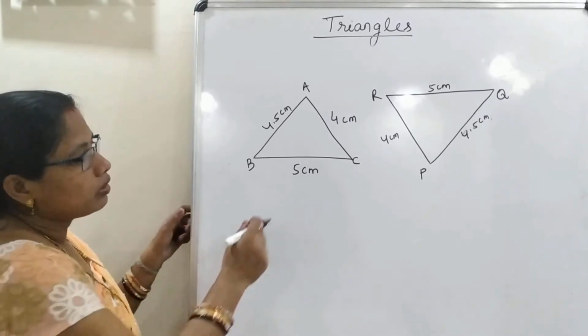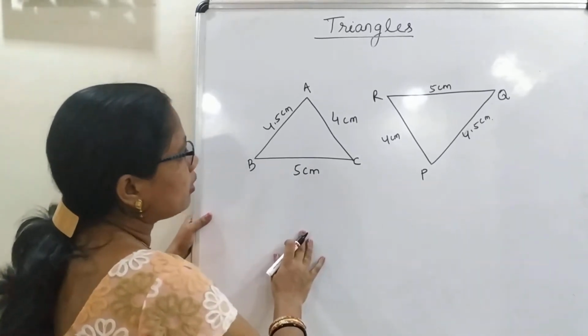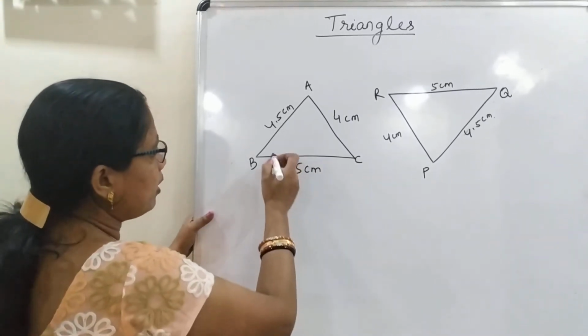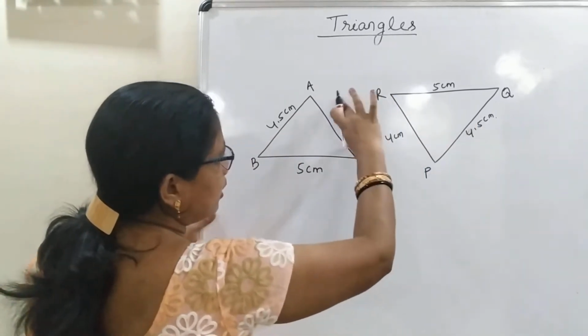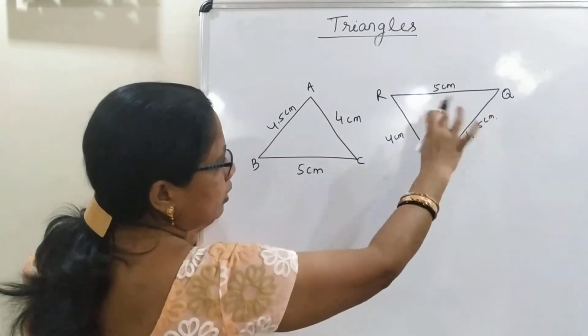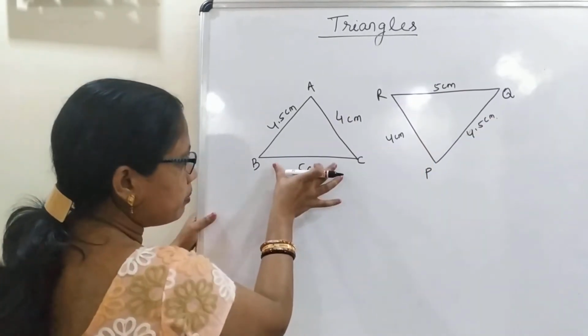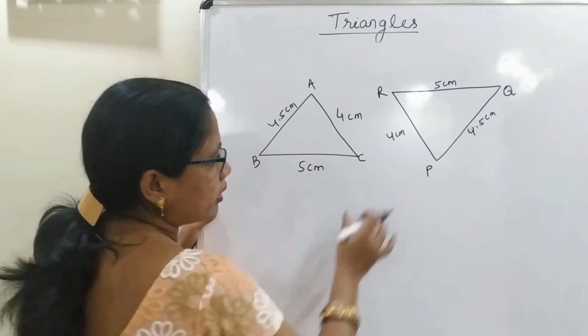So here two triangles are given and their sides are also given. AB side is equal to PQ side, AC side is equal to PR side, and BC side is equal to QR side.